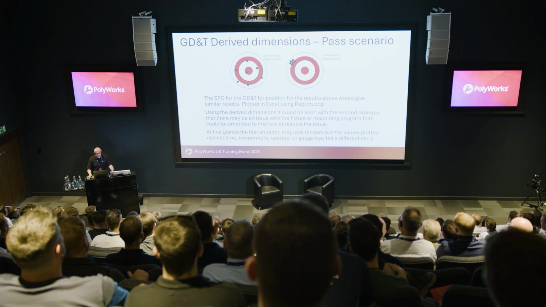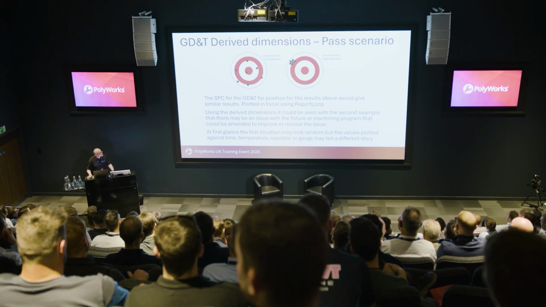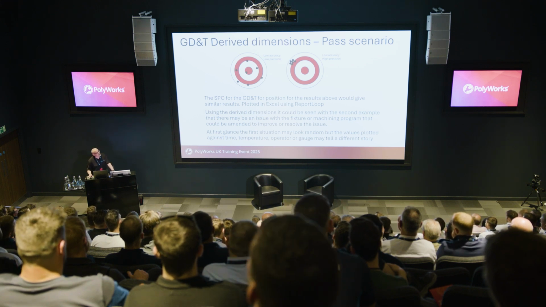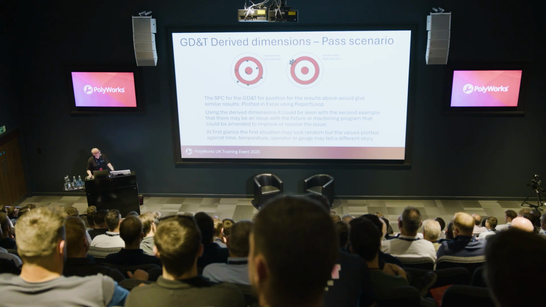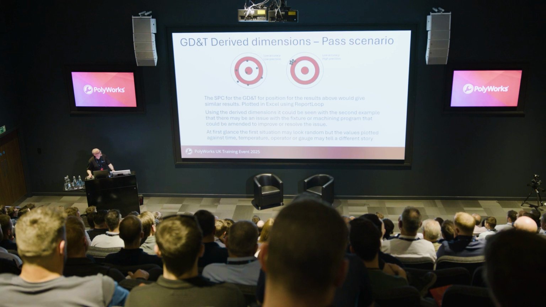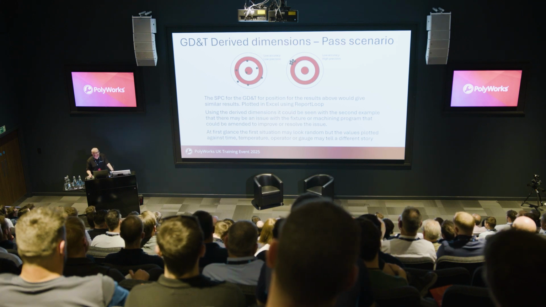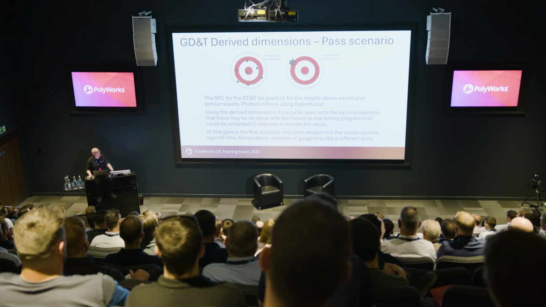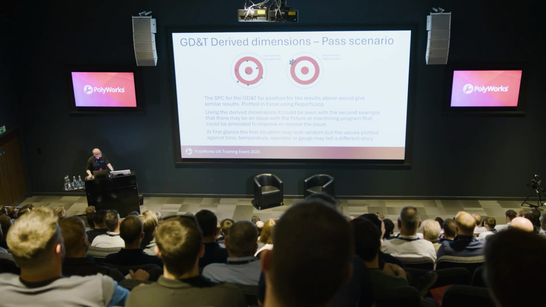If we chart where those locations are, if we actually looked at the SPC from the positional tolerance GD&T, other than the one that's right in the middle of that red bullseye, we'd actually get a very similar value. Because once we take out the directional information and we only look at the resultant value, the SPC is not really telling us much.